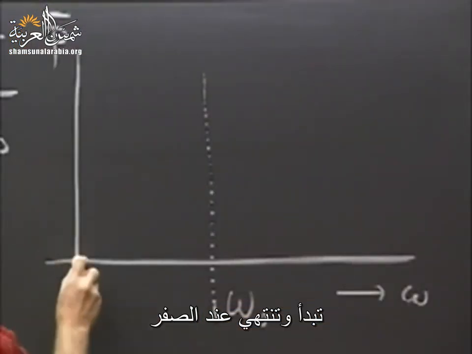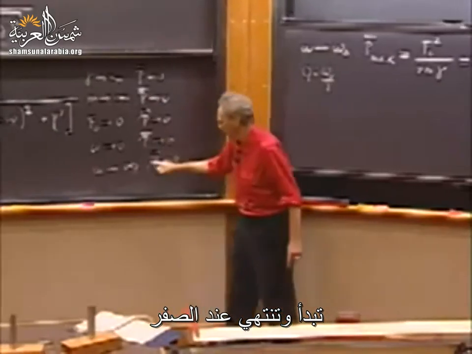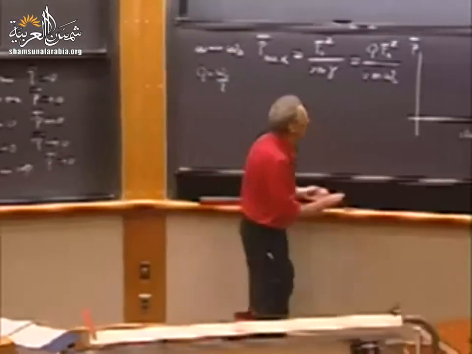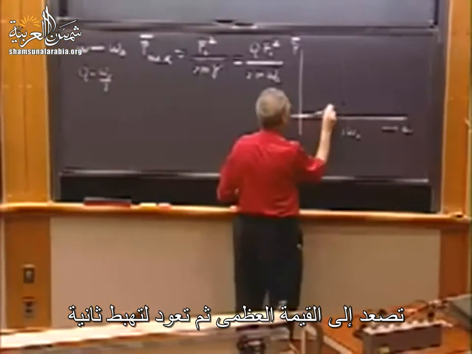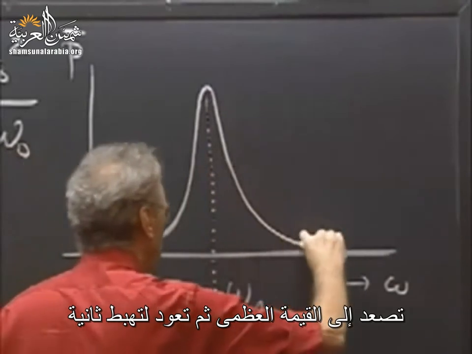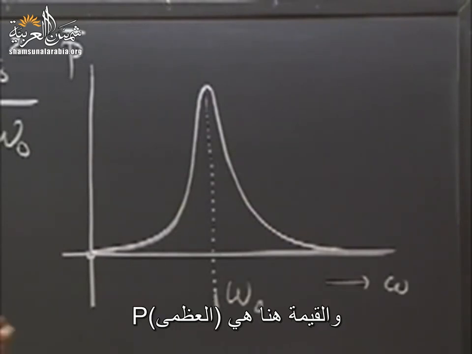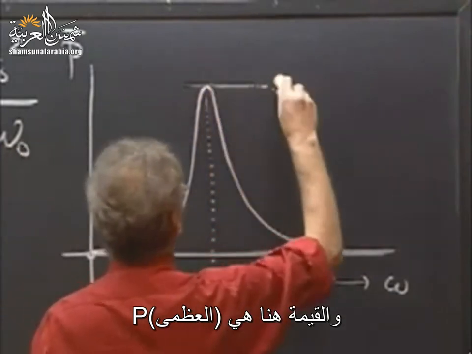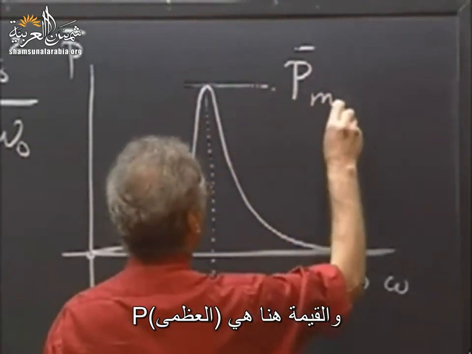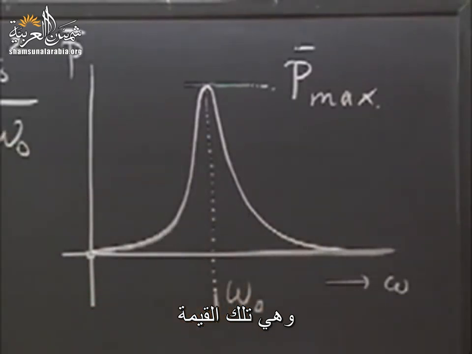It starts at 0, you see, and it ends at 0, and it sweeps up to a maximum, and then it goes down again. And for reasonable values of Q, these curves look extremely symmetric. And so this value here is then P average max, which is that value, this value.